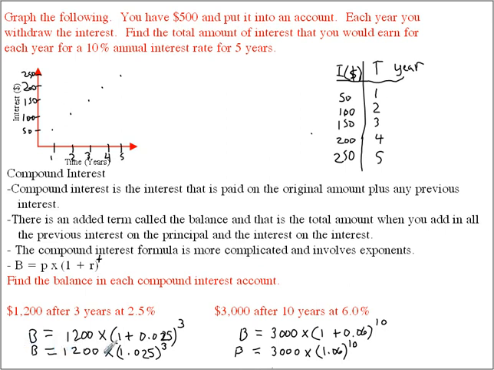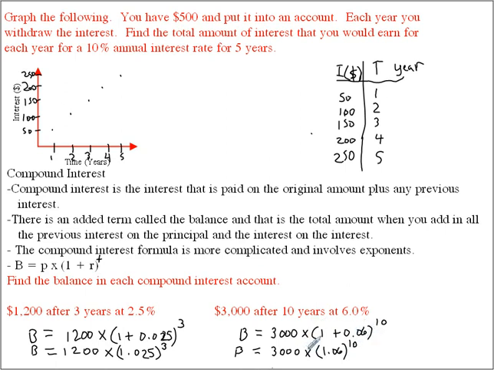I'm doing this in a couple of steps here. Balance is equal to 1,200 times, in parentheses, 1 plus 0.025, that's what that is as a decimal. And over here, same thing. Balance is equal to 3,000 times 1 plus 0.06, in parentheses, to the 10th power.